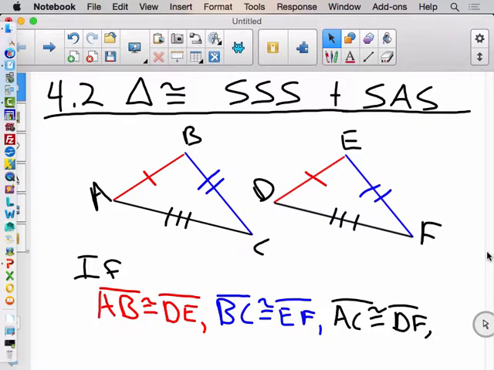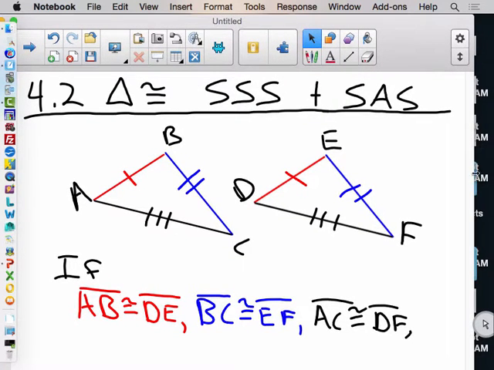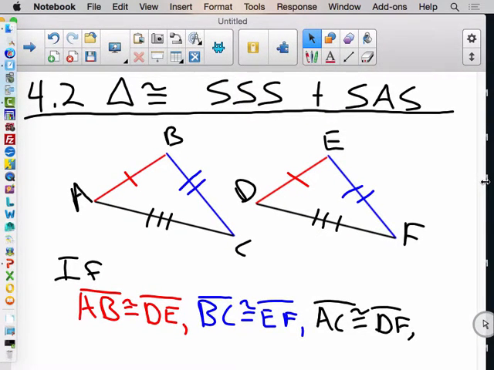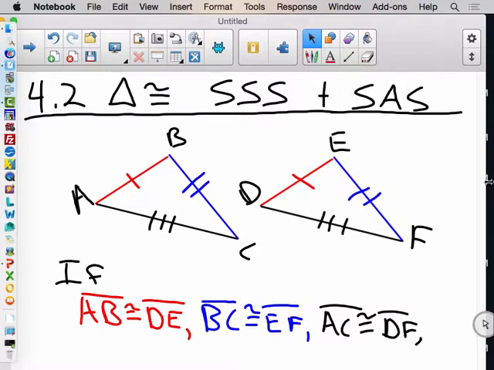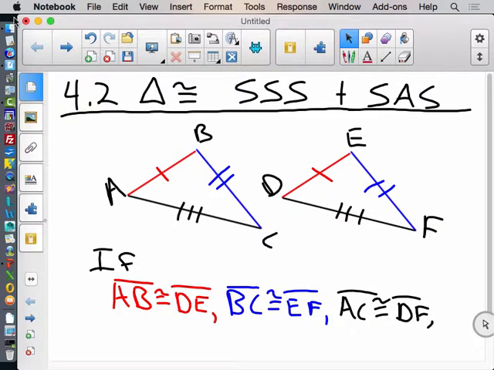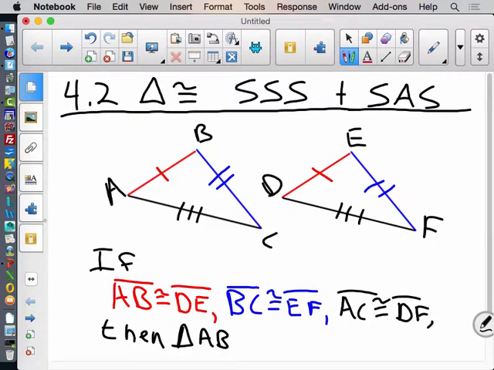The second part of my statement is what? Then the two triangles are actually congruent. So then we would say triangle ABC is congruent to triangle DEF.